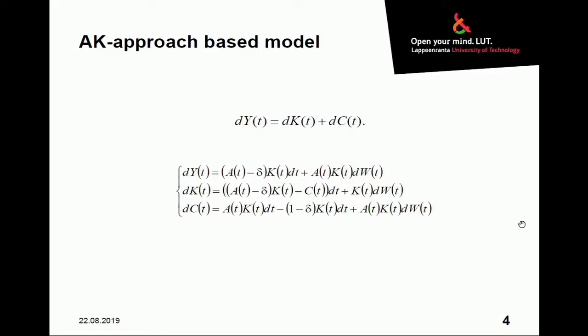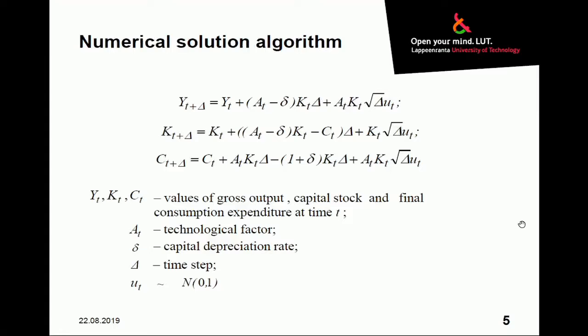So the main idea of the AK approach can be formalized as follows. On the next slide, I'll explain what every letter means. I will not show how the main idea is transformed into this system of equations.